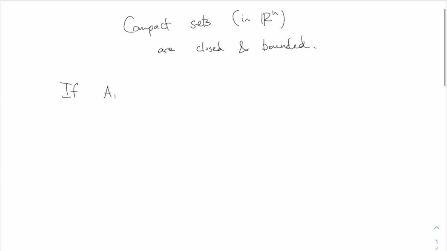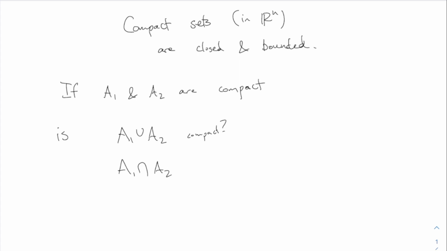So if, let's say, A1 and A2 are compact, I hope you remember, that means any open cover has a finite subcovering. Is A1 union A2 compact? What about A1 intersect A2?